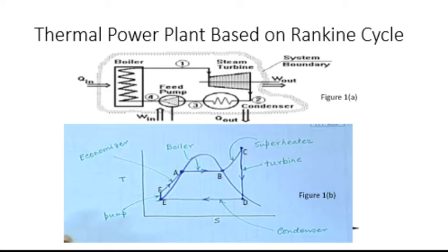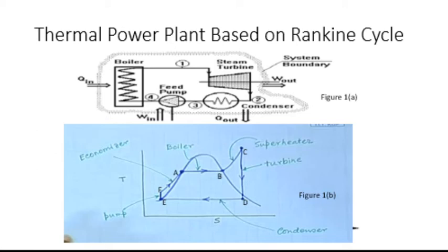And then there will be a feed pump which is going to increase the pressure, and it will be fed back into the boiler, back into the water. So this process, which you can see, is a closed loop process. It is written in the system boundary, it is a closed loop process, because you can see that path 1 goes into a steam turbine, then path 2 goes into a condenser, path 3 into the feed pump, and again it feeds back into the boiler.